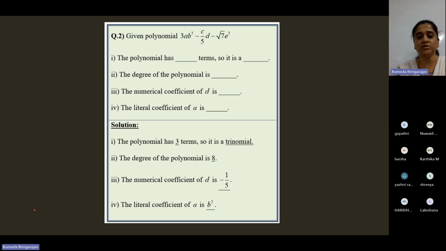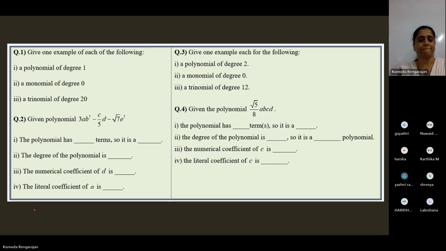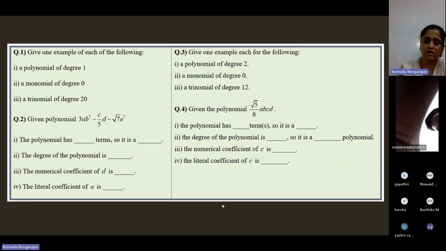Finish writing, online students? Yes, ma'am. Okay, you can write the third one for yourself, or I'll just show you the slide and you can write it down. Do the fourth one.